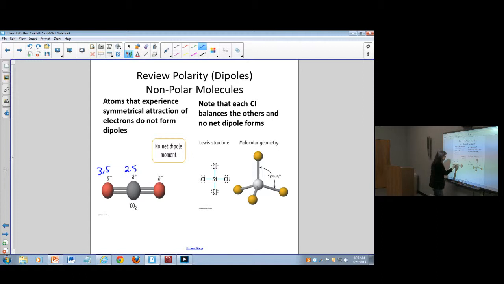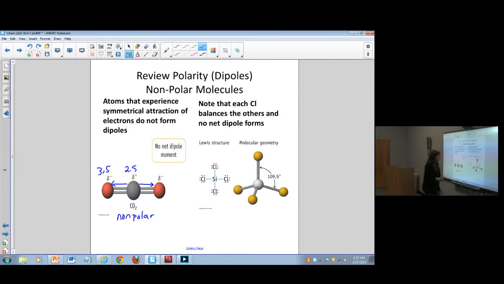And so there is a polar bond here, but since both sides are pulling equally, this is nonpolar. There's no polarity in this, and they also call it a dipole moment. There's no polarity in this molecule.